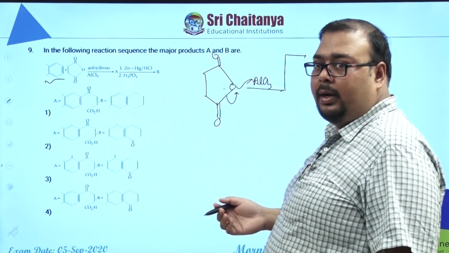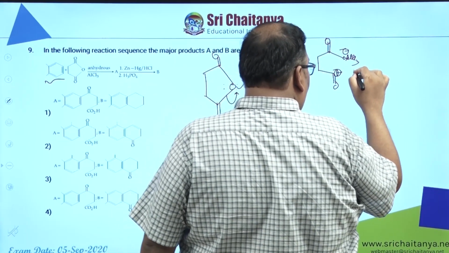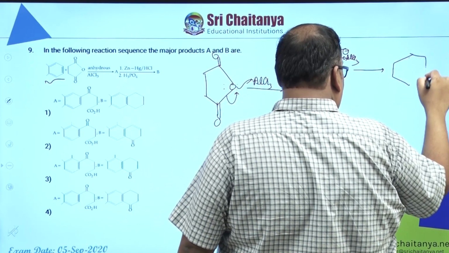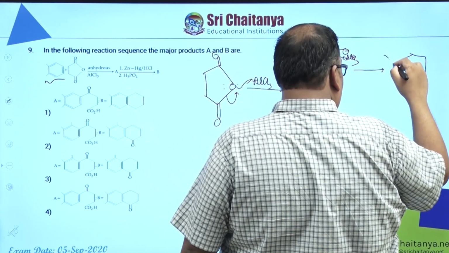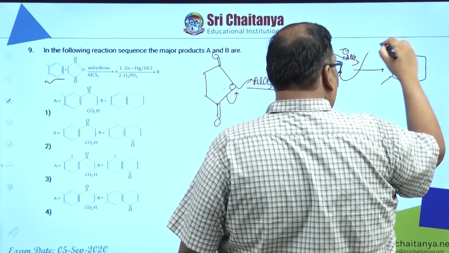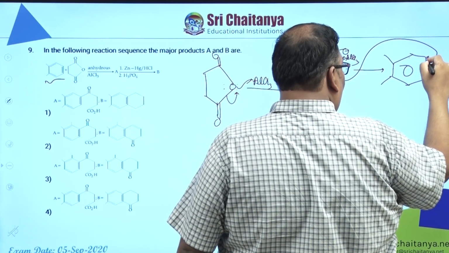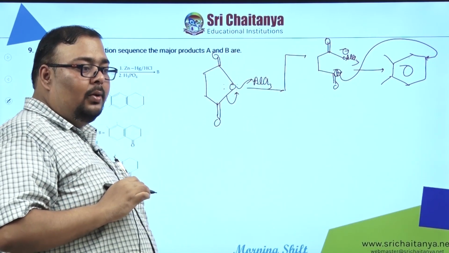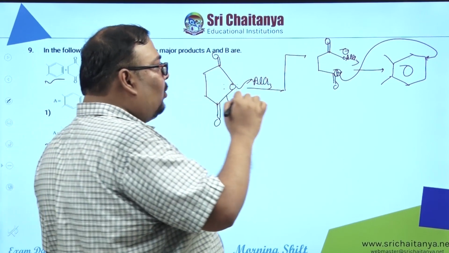This is ortho-xylene. So if I am doing it here, then this positive charge is going to attack one of the positions which is para with respect to the CH3 group. Here there are two such positions.